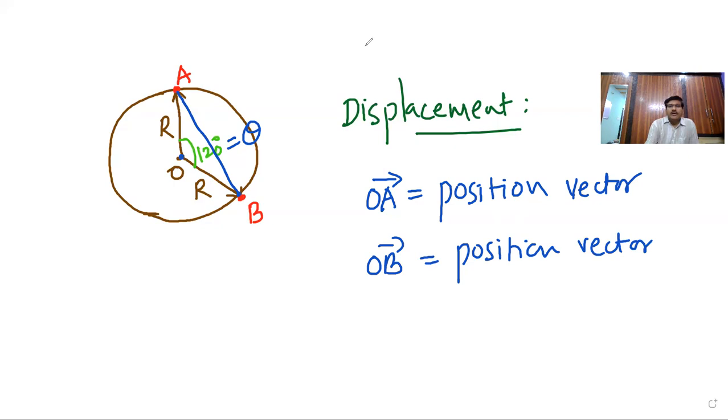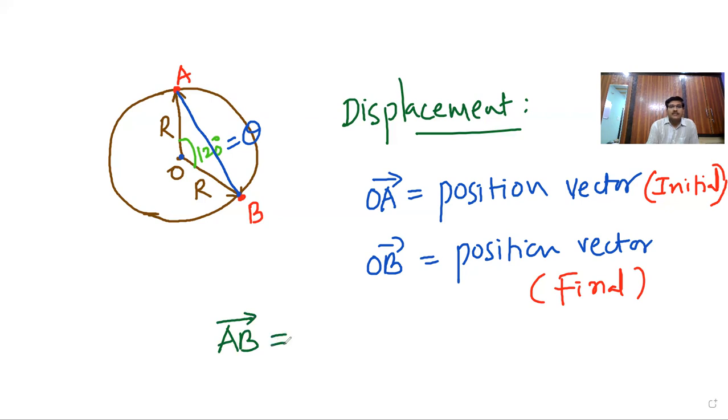The first one, OA bar, is the initial position vector, whereas OB bar is the final position vector. Then in such a case, displacement AB bar, from initial point to final point, the shortest distance, as we have seen in the previous sessions, is the final position vector OB bar minus the initial position vector OA bar.